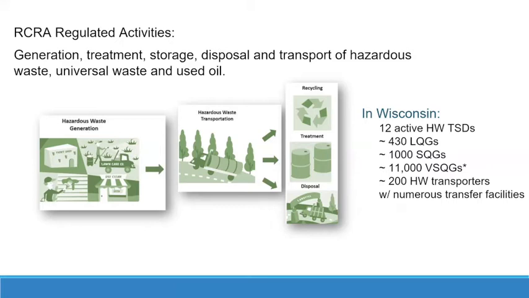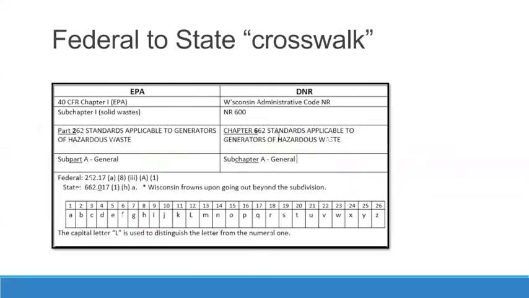The next 2 slides, and you can feel free to go forward, Marcy, are meant to give you a crosswalk for understanding how to compare our Wisconsin code to the federal code. This will mainly be a resource for you at a later date, but I wanted you to see that we've tried to align numerically as best we can with the federal code citations.